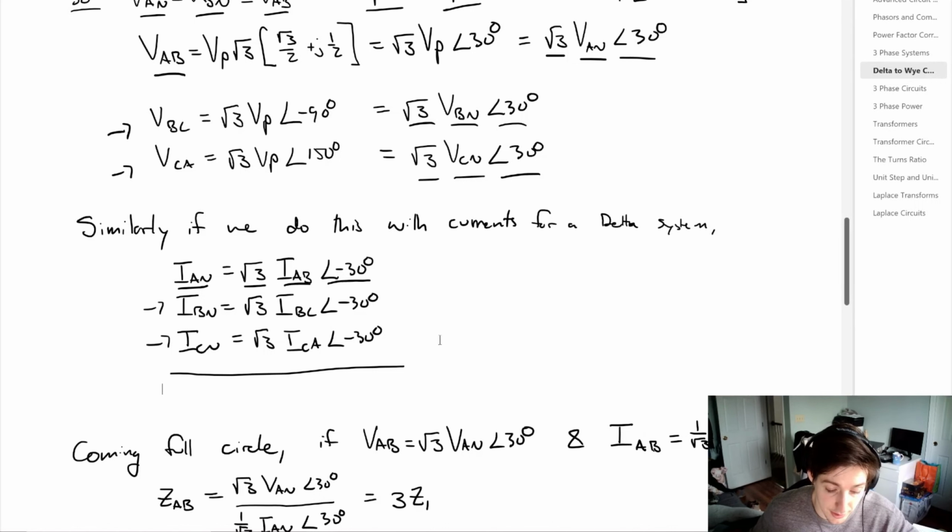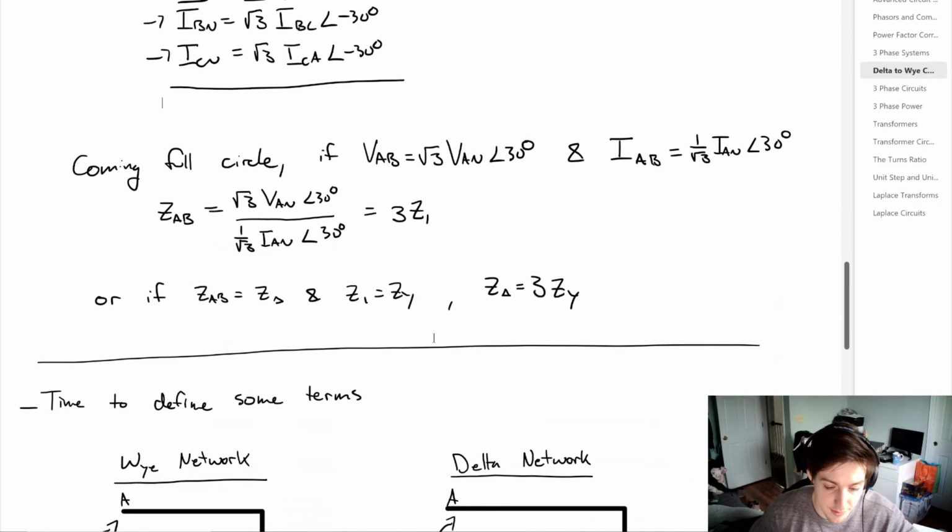Now coming full circle, if we have VAB equal to square root of 3 times VAN times that phase angle of 30, and we know what IAB is equal to from above, we can simply divide the voltage by the current to get the impedance for ZAB.